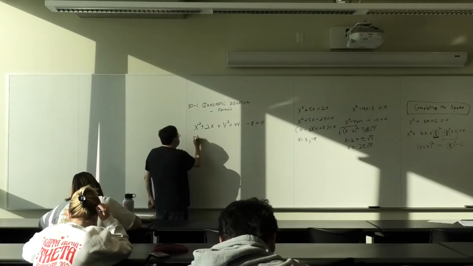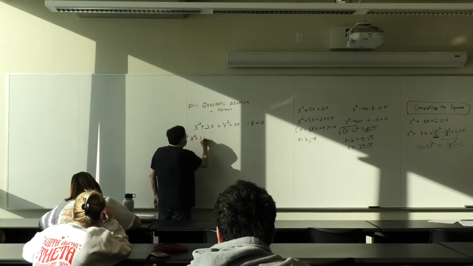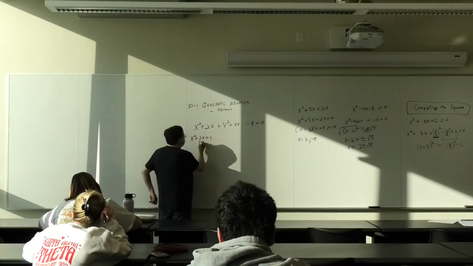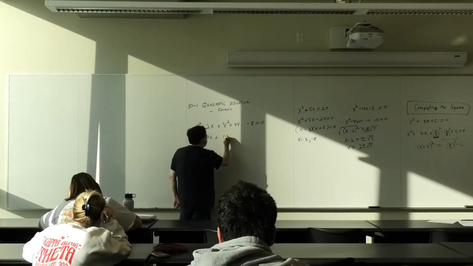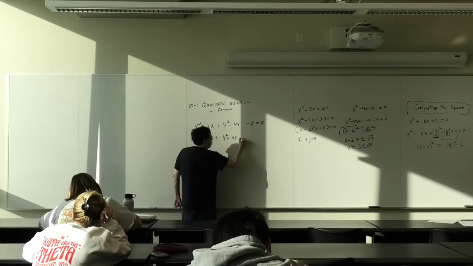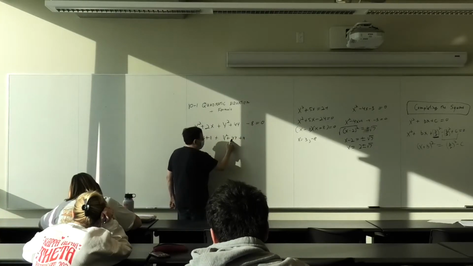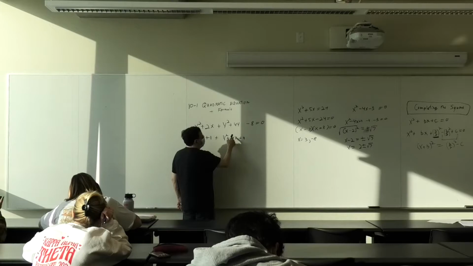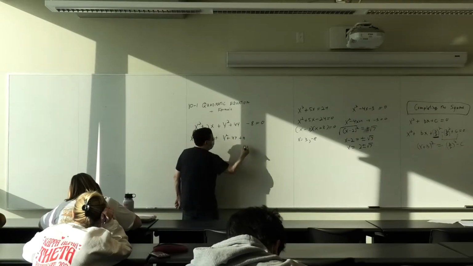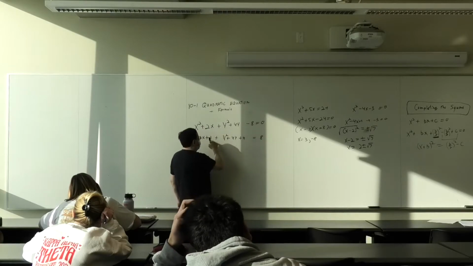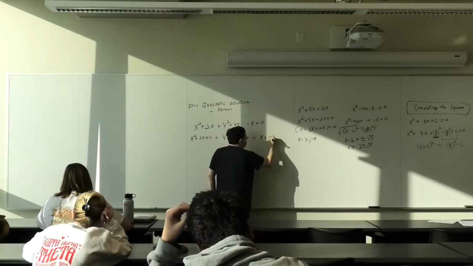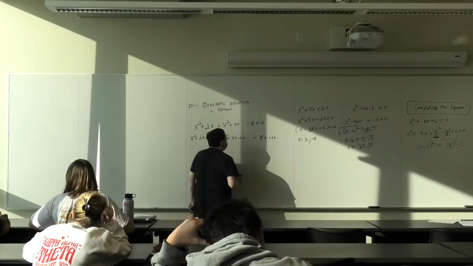We could say, okay, x squared plus 2x plus 1, that's 2 divided by 2, squared is 1, plus y squared plus 4y plus 4, again, 4 divided by 2 is 2, squared is 4. We're going to move 8 to the other side, and since we're adding 1 and 4 here, add 1 and 4 here.